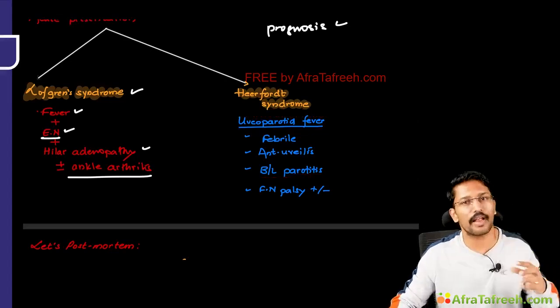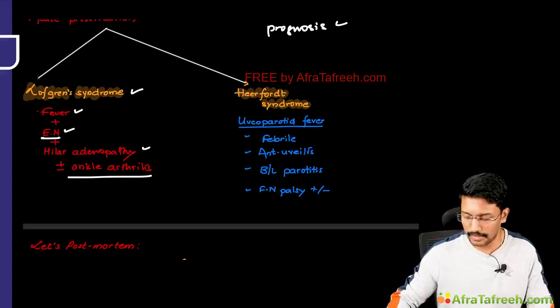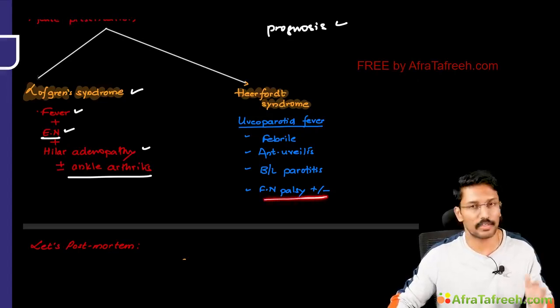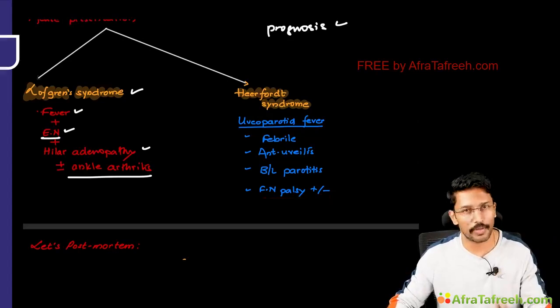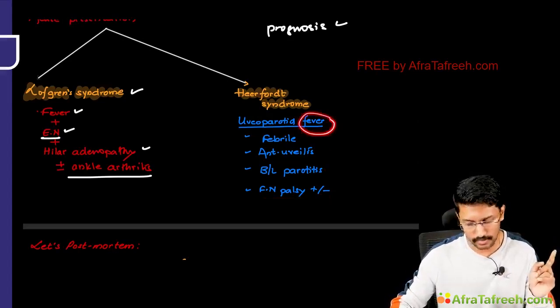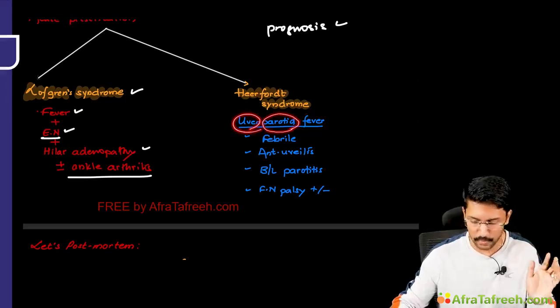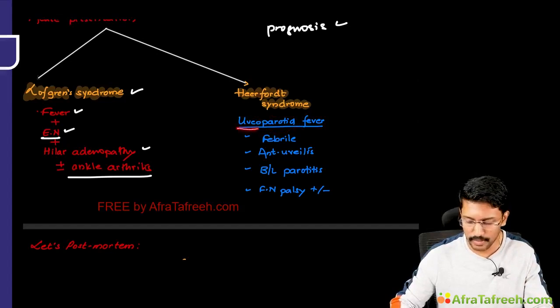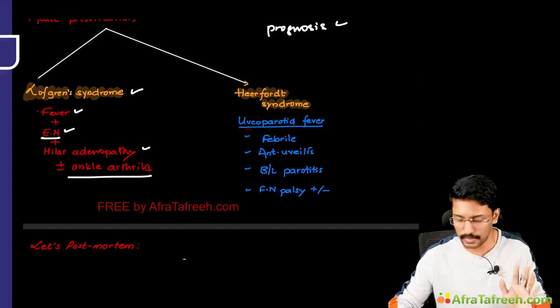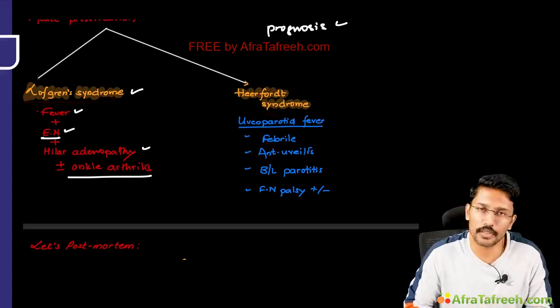And because the parotid gland is now inflamed and loaded with infiltration, it can cause facial nerve palsy. Facial nerve palsy may be there at the presentation or may not be there, but these three things are usually standard: fever, uveitis, and parotitis. Parotitis is usually bilateral. Uveitis can be bilateral or unilateral, but it is usually anterior uveitis. So these are two important acute syndromes associated with sarcoidosis.